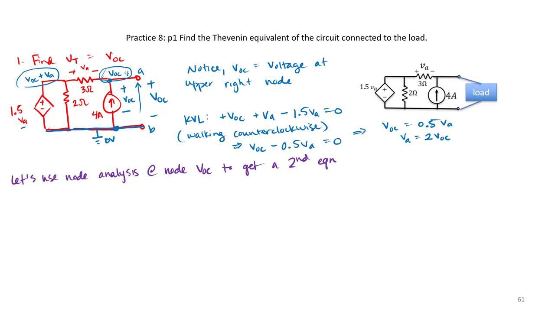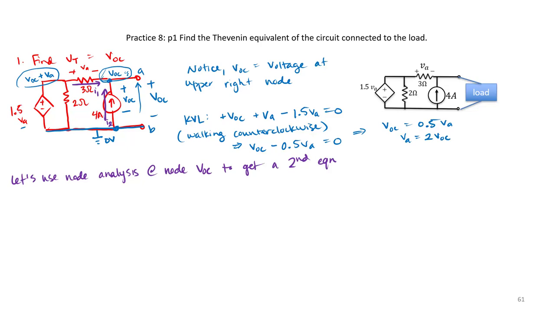I don't know for sure which direction the current's flowing, but I'm going to assume I have some current I1 that enters VOC from left to right, and a second current I2, which is entering VOC from below.